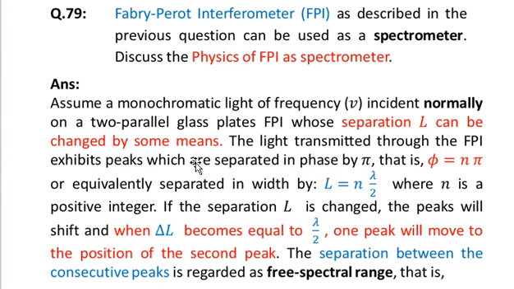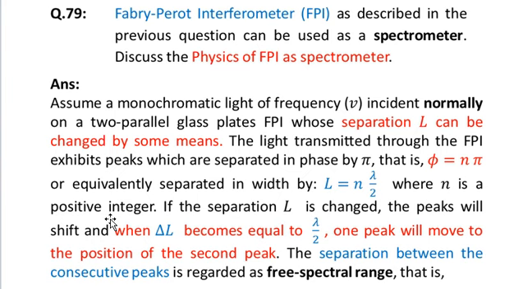The light transmitted through the Fabry-Perot interferometer exhibits peaks which are separated in phase by pi, that is phi is equal to n into pi, or equivalently separated in width by capital L is equal to n into lambda by 2, where n is a positive integer.